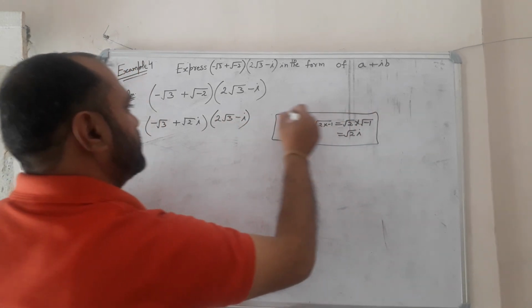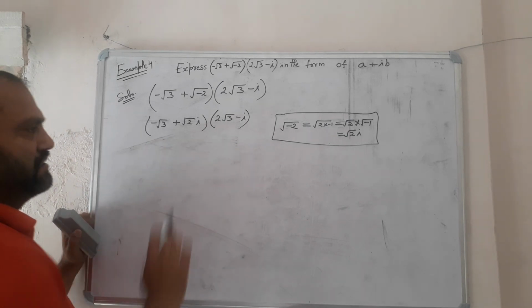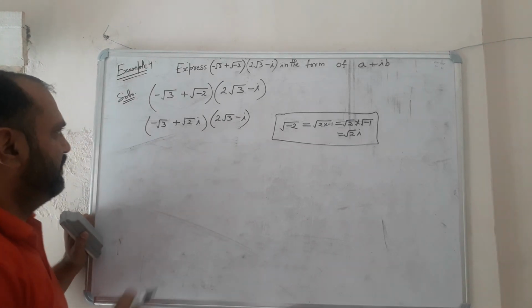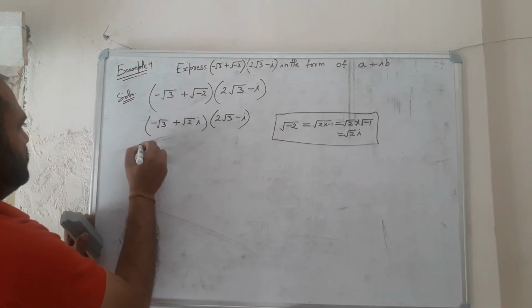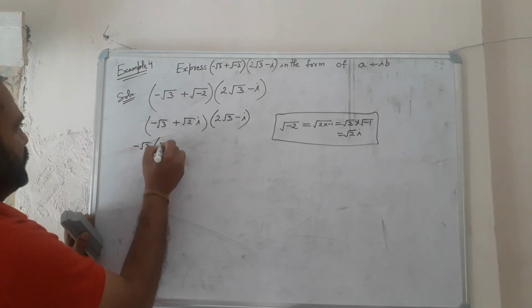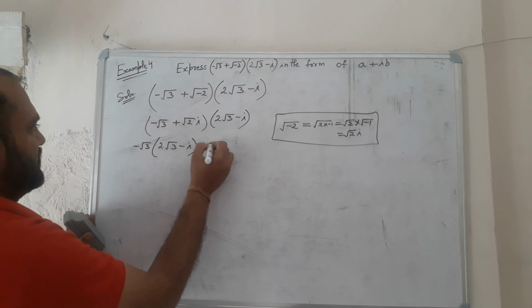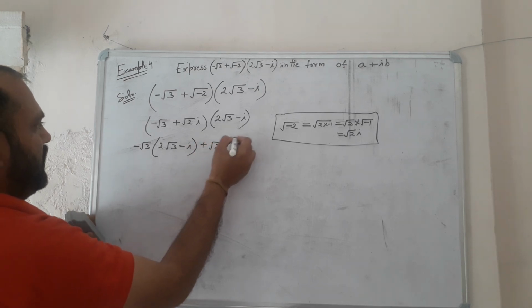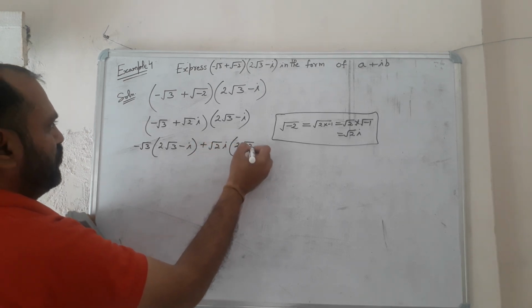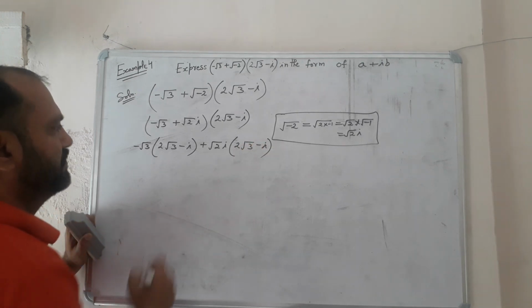Now we can simply multiply minus root 3 into 2 root 3 minus iota plus root 2 iota into 2 root 3 minus iota, right?